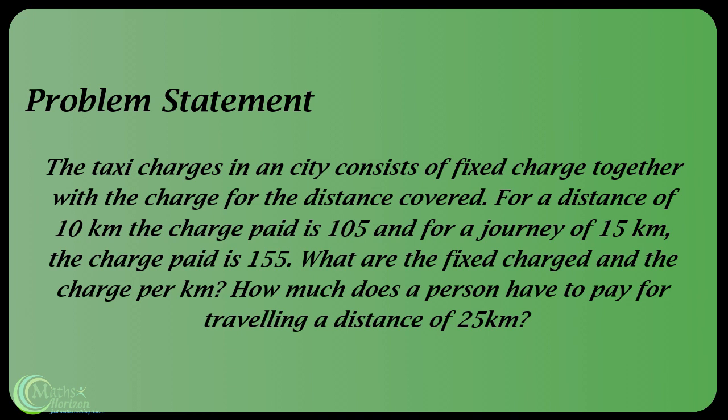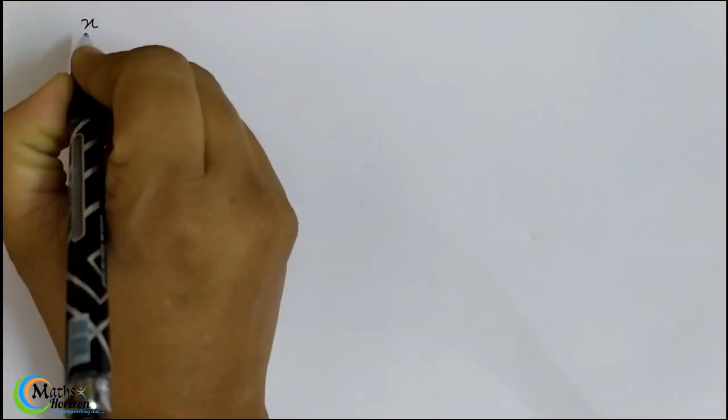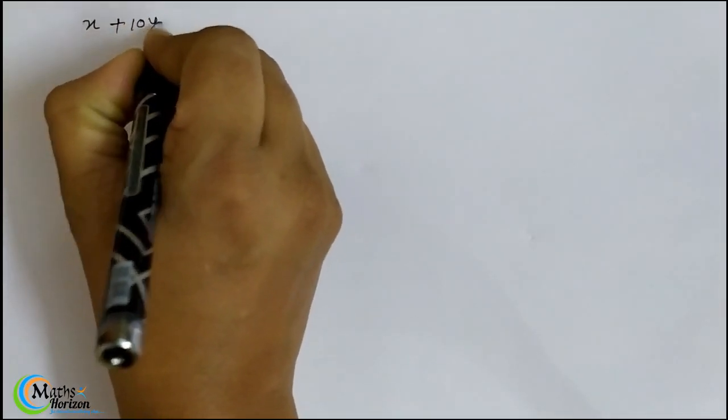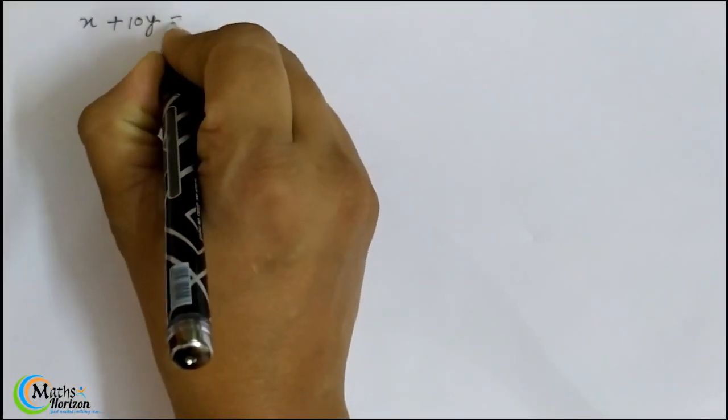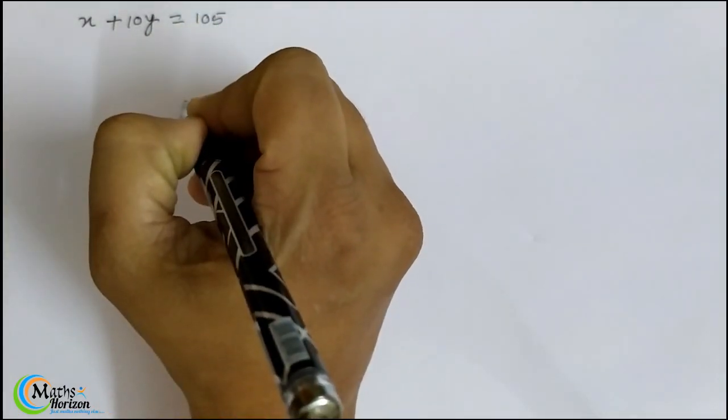From the first statement, for a distance of 10 km, the charge paid is 105. So for a distance of 10 km, the person has to pay a fixed charge plus 10 km into the charge per kilometer, which is equal to 105. This is our first equation.